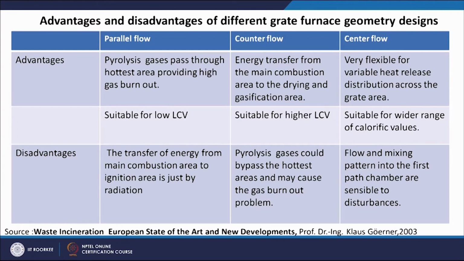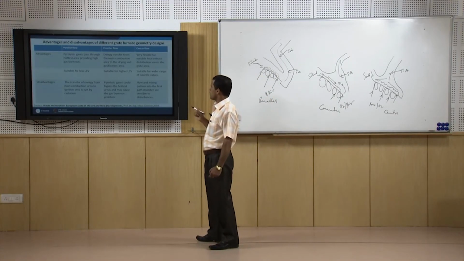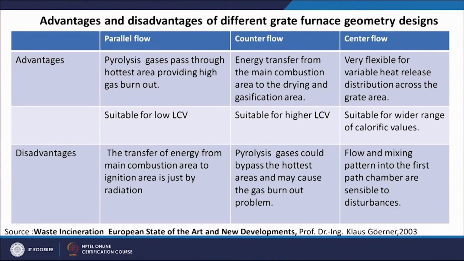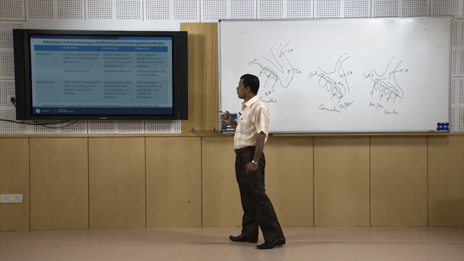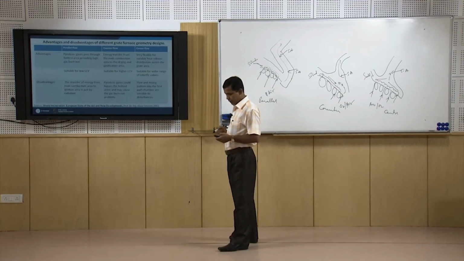And the counter flow disadvantage is that pyrolysis gases could bypass the hottest areas and may cause gas burnout problems. And center flow, that is the flow and mixing pattern into the first chamber, is sensitive to disturbances.